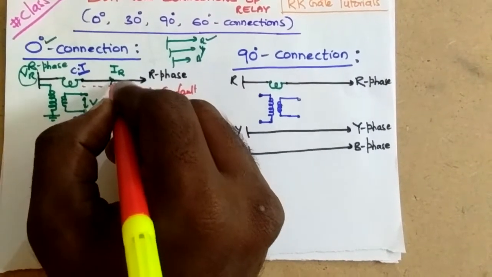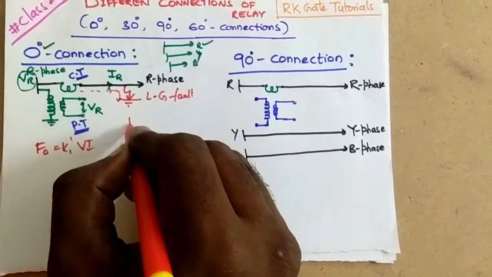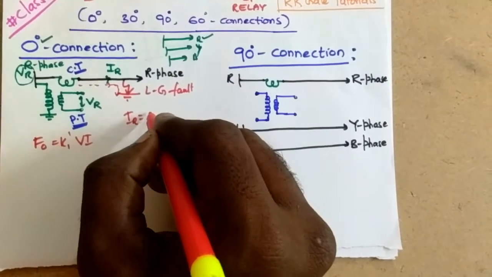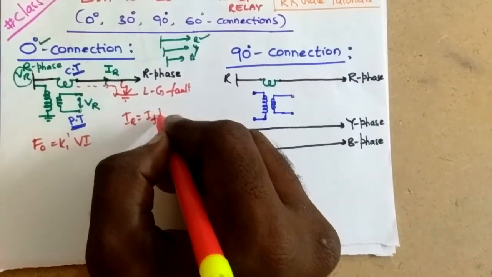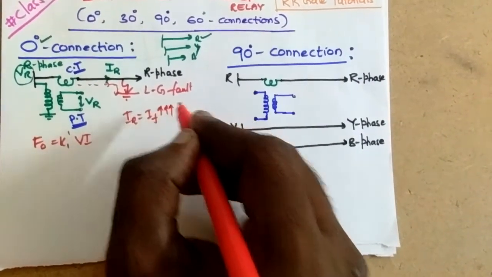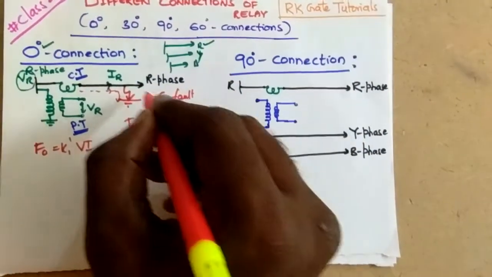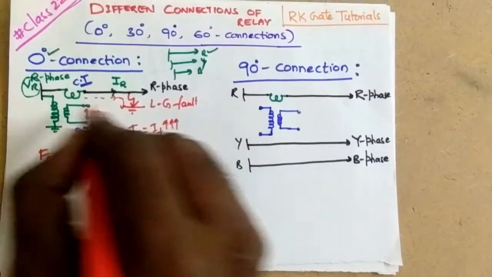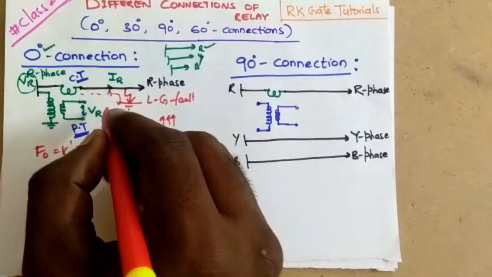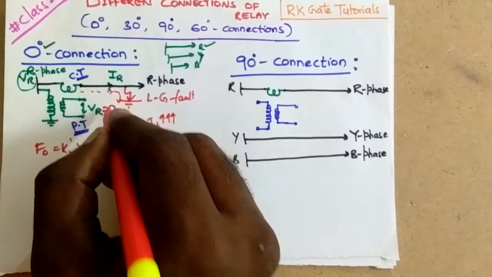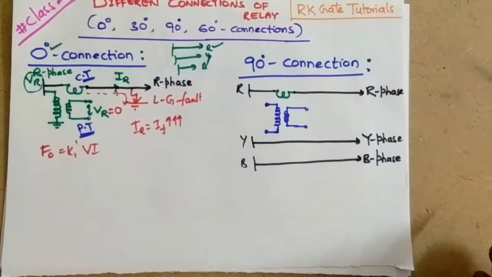This is the IR. So what will be the IR? IR is going to be IF, which is very large in magnitude. And what happens to the VR? Since it is a grounded fault, the VR is going to be 0.